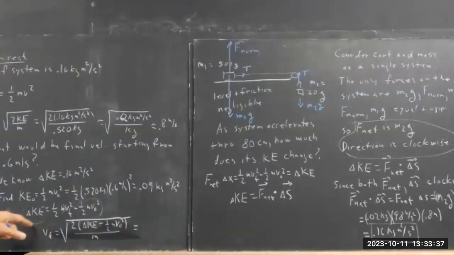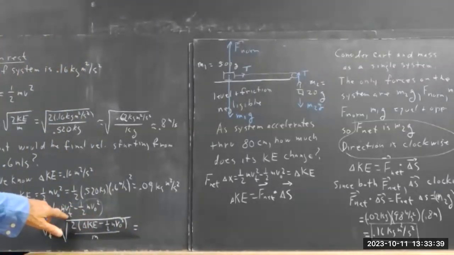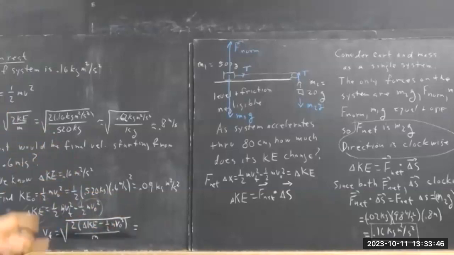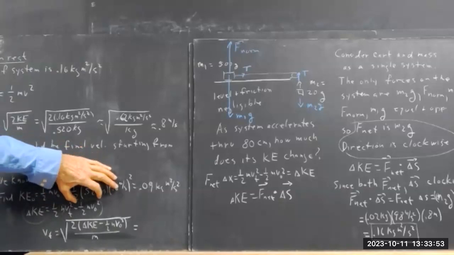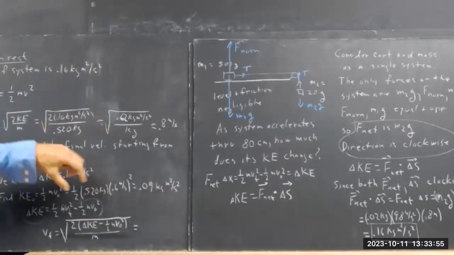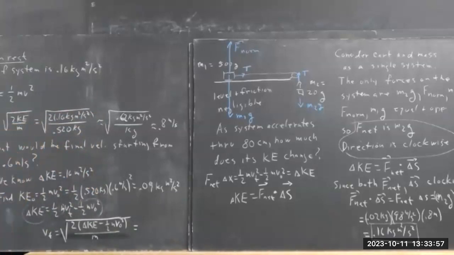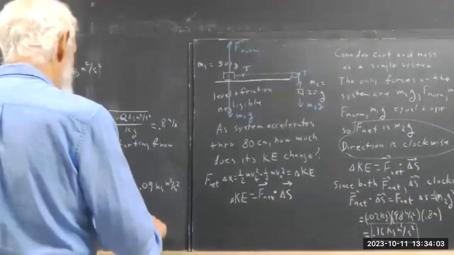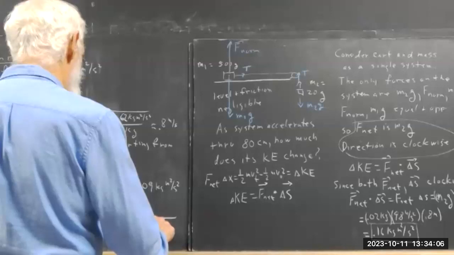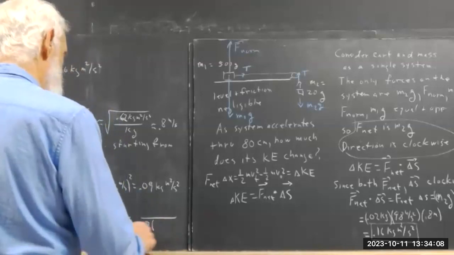Of course, we could have taken this and solved it for vf to start with. And we wouldn't have had to go through the calculation of the initial kinetic energy, but I want us to see how the initial kinetic energy, the final kinetic energy, and the change in kinetic energy relate to each other. Having done that, we get the square root of 2, and that's plus, not minus.